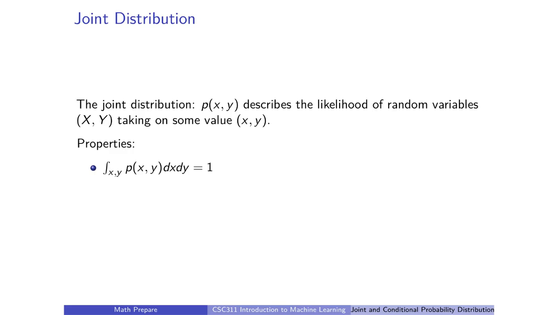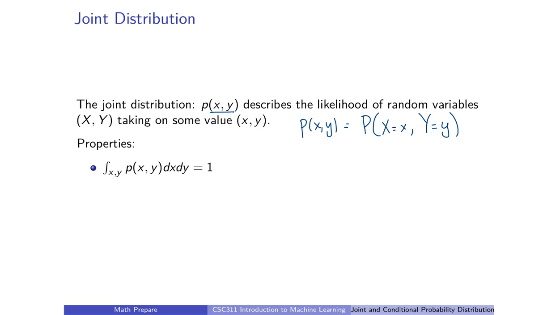A joint distribution describes the likelihood of a pair of variables taking on the values x, y. So I could also write this as p of x, y is equal to the probability that big X is equal to x and my random variable Y is equal to the value little y.